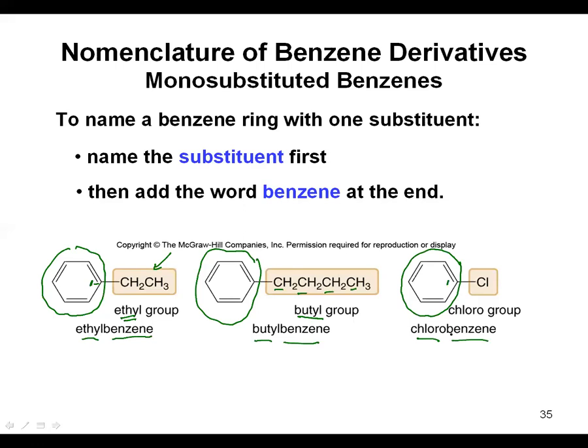So when you have a monosubstituted ring, monosubstituted means 1 group attached to a benzene ring, you essentially just name a group like normal and you just put benzene at the end of it. So that's how again we get to ethyl benzene, butyl benzene, and chlorobenzene in this particular case.